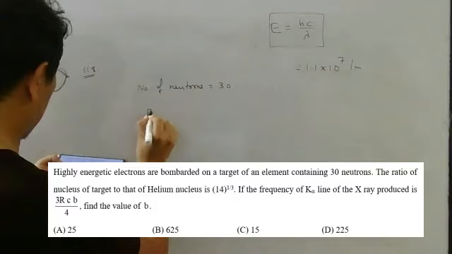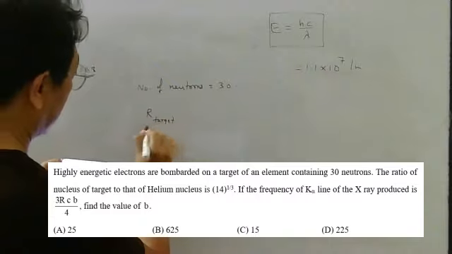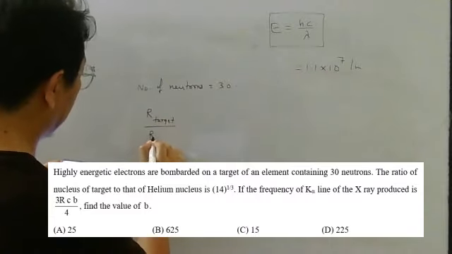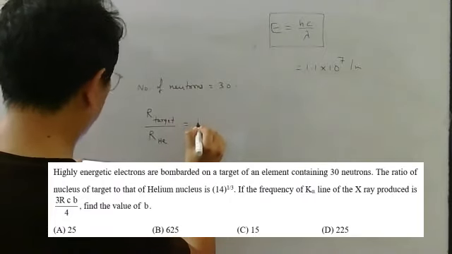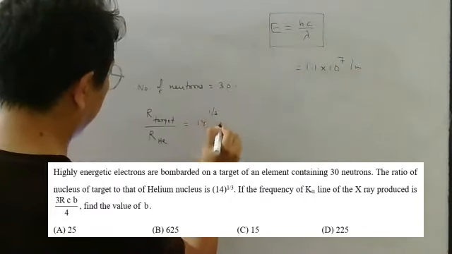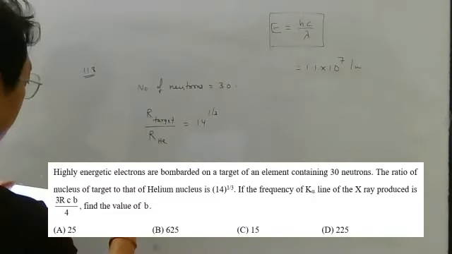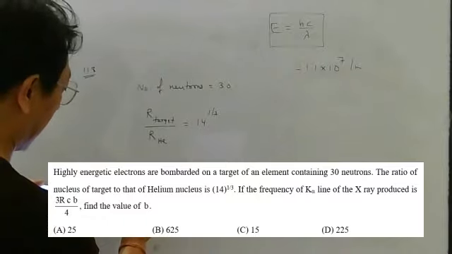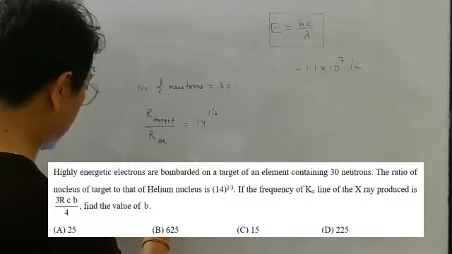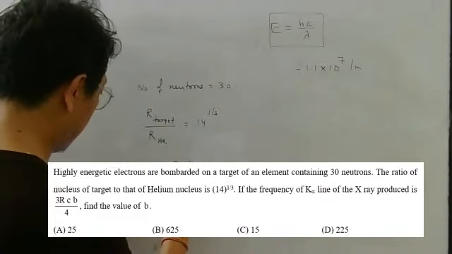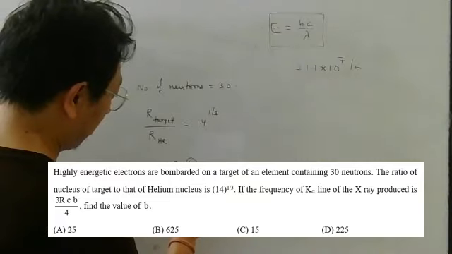So radius of the target divided by radius of helium nucleus, this ratio is given to be 14 power 1 by 3. Frequency of K alpha line is given as 3RCB by 4. You have to find the value of this B.